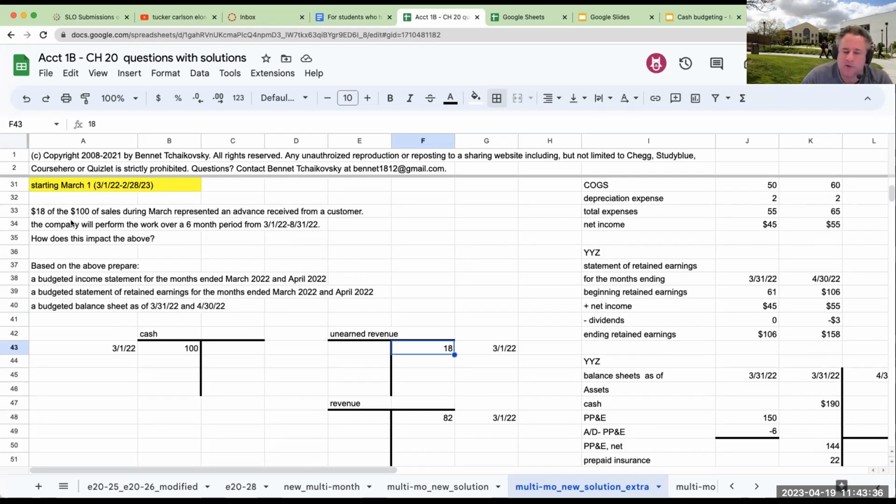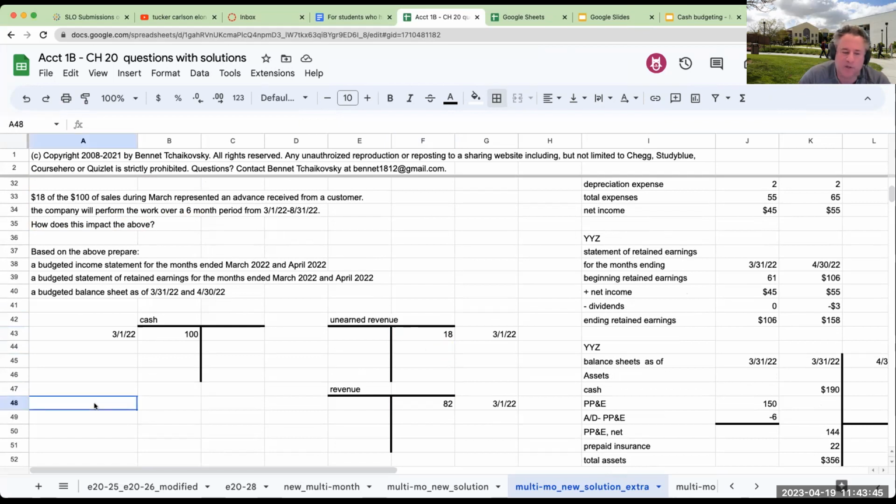It tells me I'm going to be doing the work over a 6-month period, from March 1st through August 31st. So what am I going to need to do? 18 is the amount of the advance, the unearned revenue, and the months of service is 6.